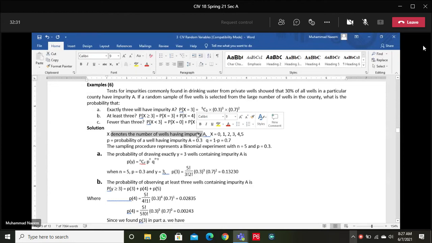So x denotes the number of wells having impurity A. As we are drawing a sample of 5, the range of x will be from 0 to 5. p is the probability for a success, that a well has impurity A, given as 30%, meaning 0.30. Obviously, q is 0.70.